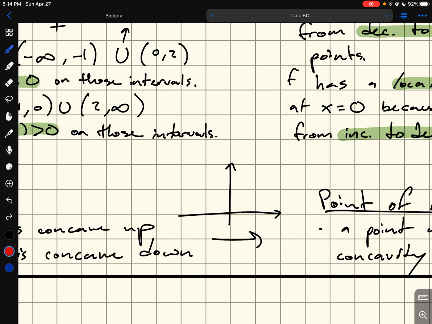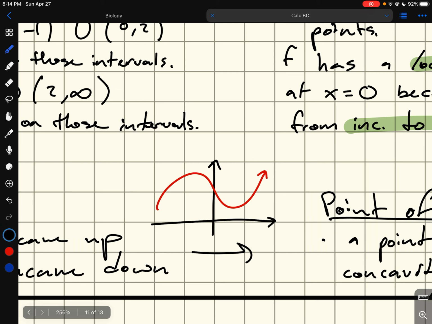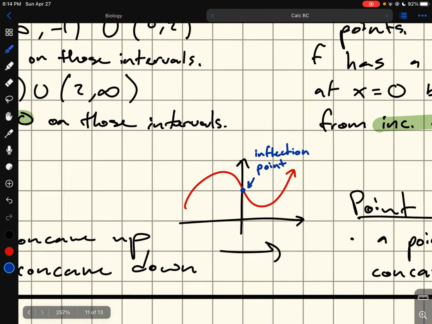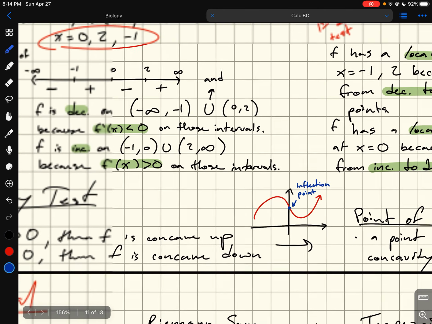Oh, that's kind of ugly. Oh, that's much better. So here you can see the graph is concave down, and over here it's concave up. So that point where it changes, so like roughly about right here, that is our inflection point. That's the point where concavity changes.